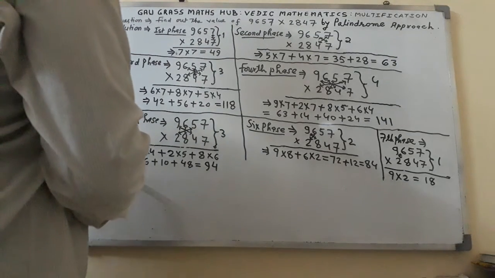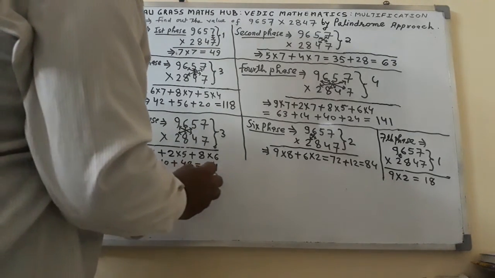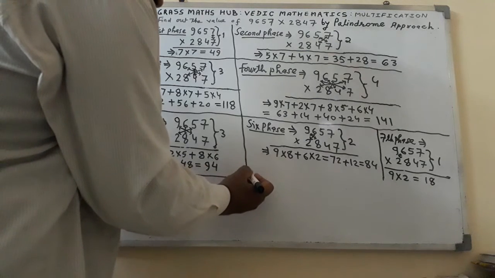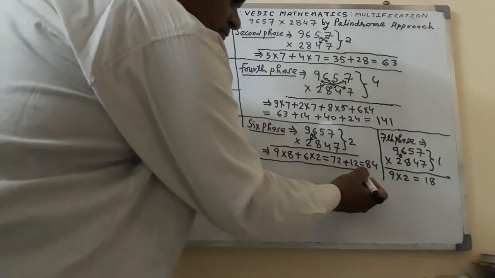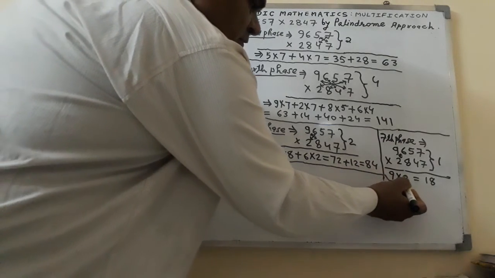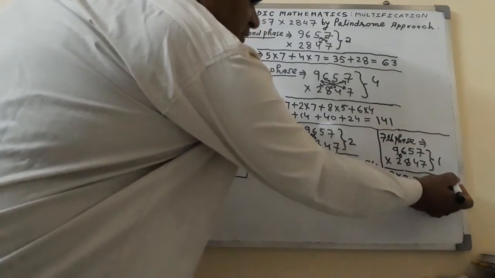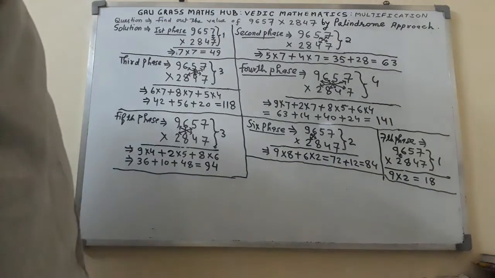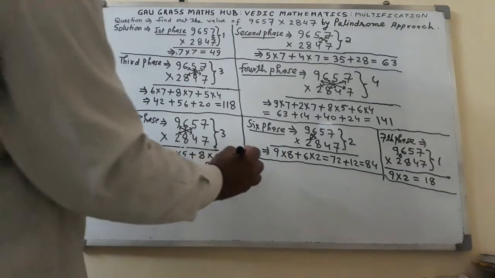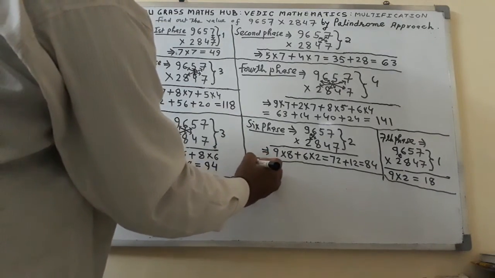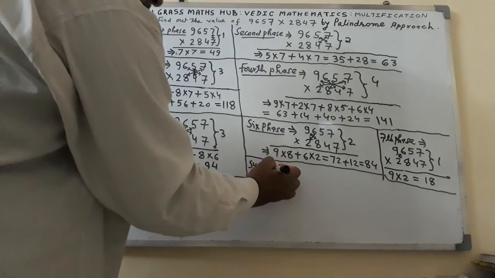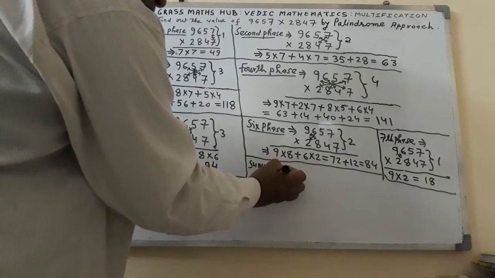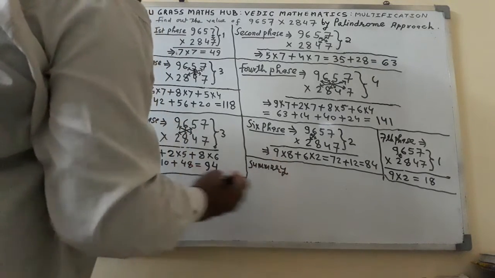Now draw a line here. Now come out to summary here. Here I shall write summary, S U M M A R Y. Summary implied that.